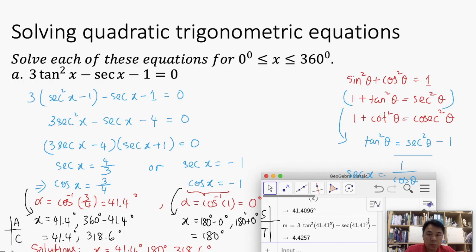It doesn't seem to be right because it's supposed to be 0 here. Let me double check one more time if I got everything correct. Let me key it in one more time. Sometimes my calculator may go haywire.